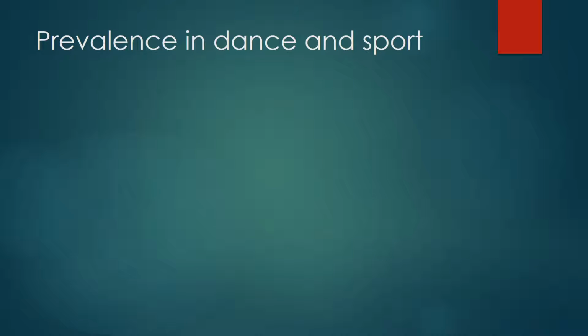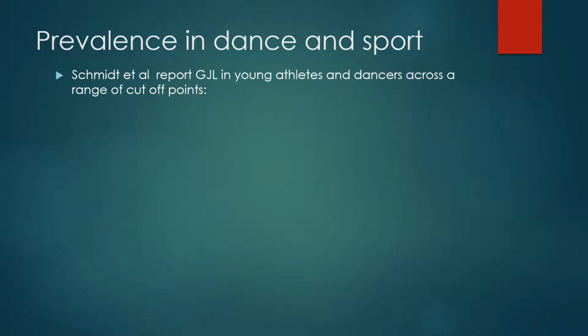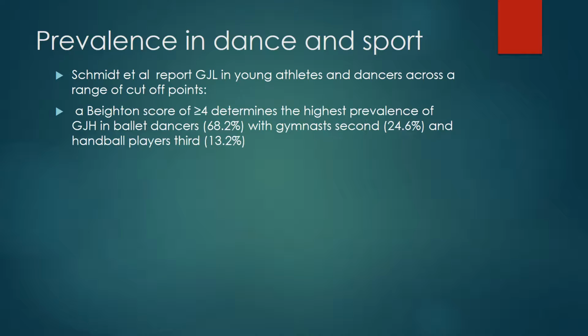Now let's also look at the prevalence of generalized joint hypermobility in dance and sport. Schmidt et al. report generalized joint hypermobility in young athletes and dancers across a range of cutoff points. They used a Beighton score of more than 4 to determine the highest prevalence of generalized joint hypermobility in ballet dancers, with gymnastics coming second and handball players coming third.